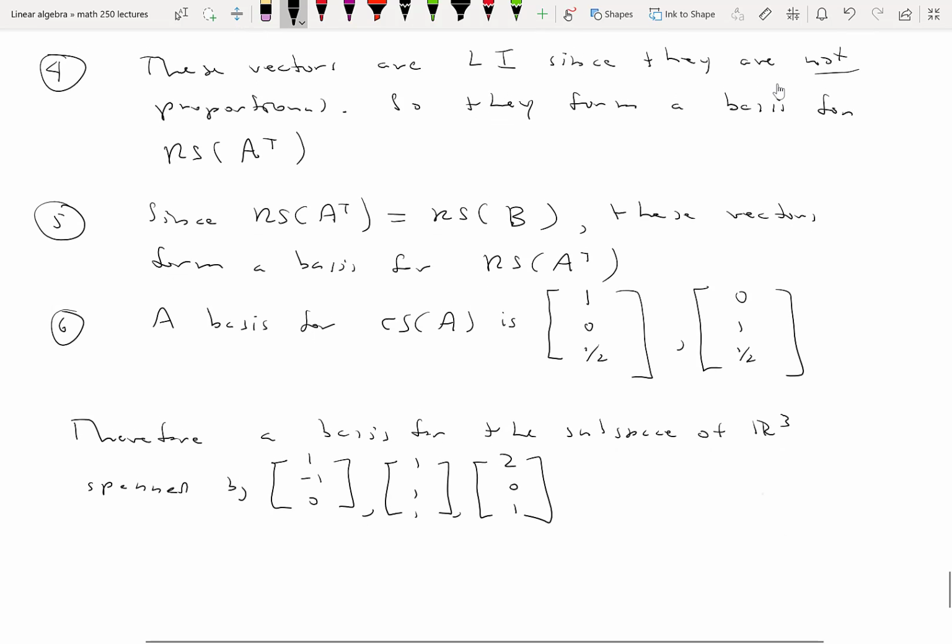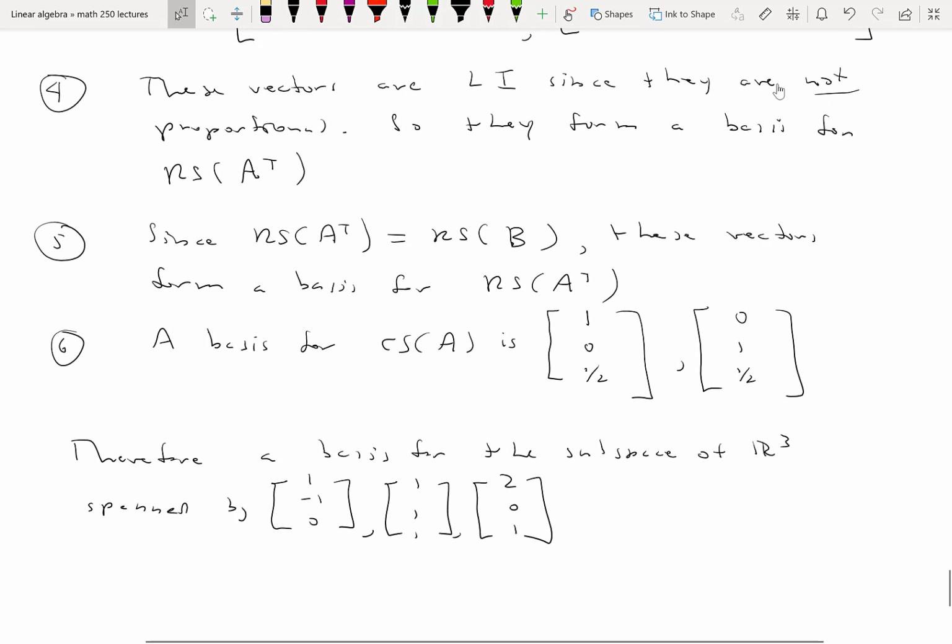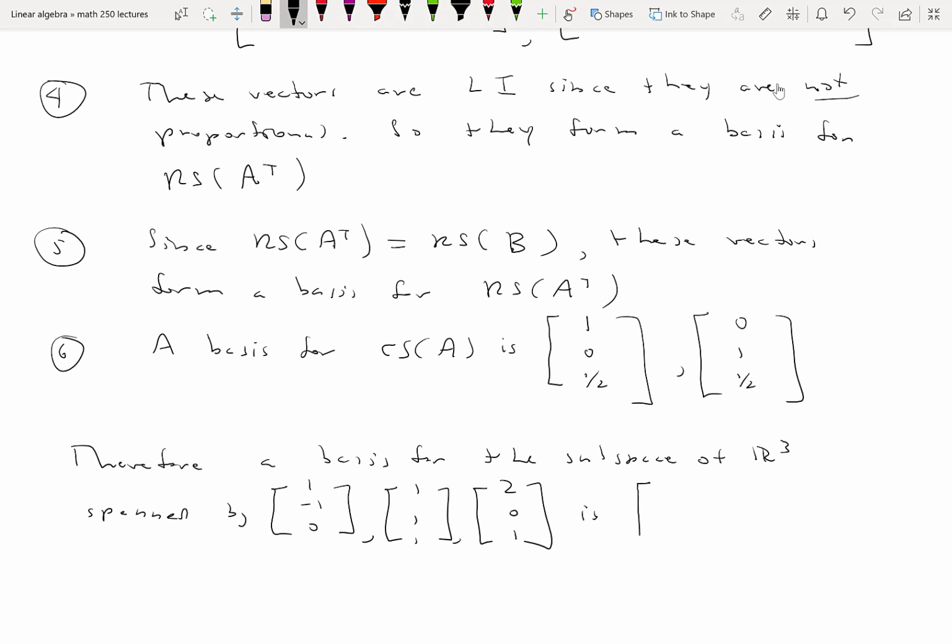Therefore, a basis for the subspace of R3 spanned by those three original vectors is the column vectors 1, 0, 1 half, and 0, 1, 1 half.